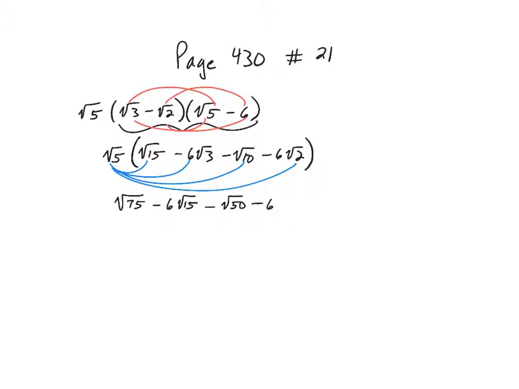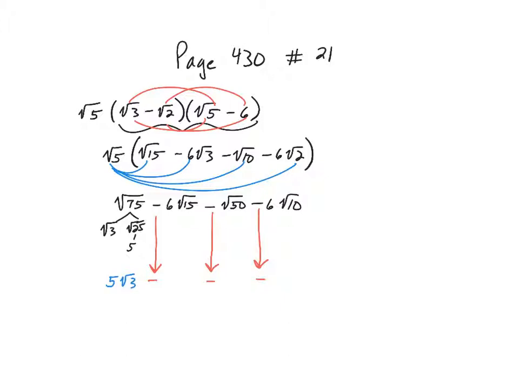minus 6 radical 10. Now I'm going to have to do a little bit of work on this. I'm going to draw my walls in here because I don't want to be tempted to do something that I shouldn't. So I'm going to bring down my symbols, and then I'm going to simplify each one of these. This is radical 3 times radical 25, and I know the square root of 25 is 5. So this turns into 5 radical 3.